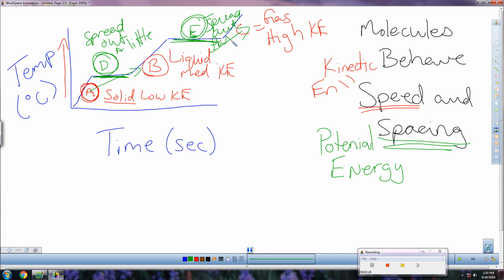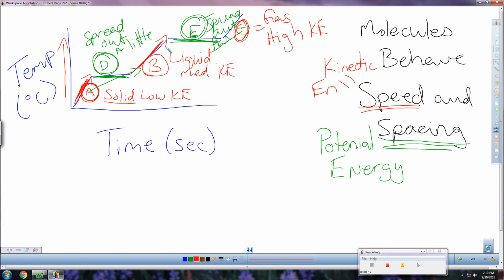So again, just take a look at 14.1. 14.1 is all about a heating curve, understanding what's going on, and locating the parts. We have A, B, and C, which show us the phases of matter: solids, liquids, and gases. We know that because the temperature line is increasing.